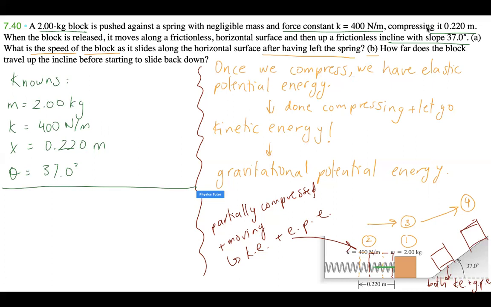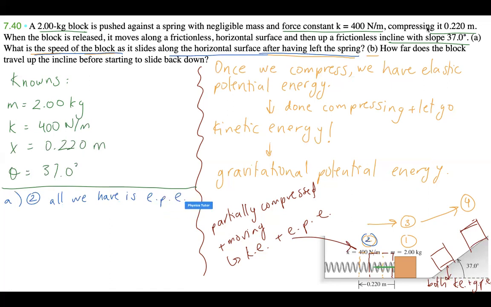What are we looking for? We are looking for the speed of the block as it slides along the horizontal surface after having left the spring. Remember how we said that at point 2, all we have is elastic potential energy.